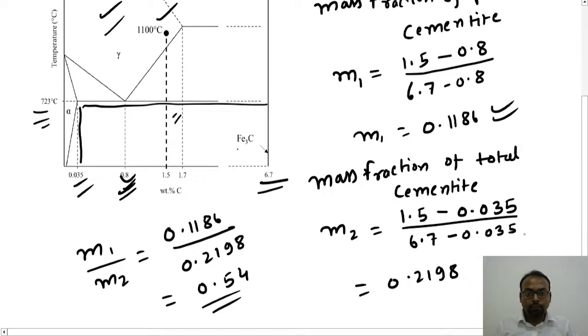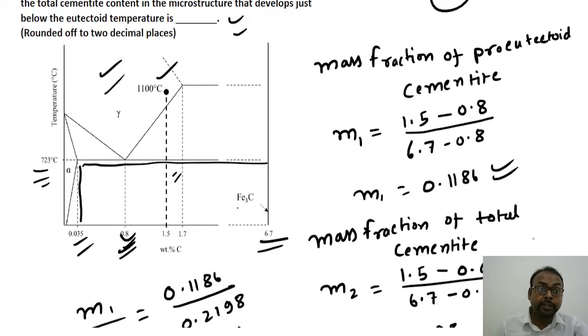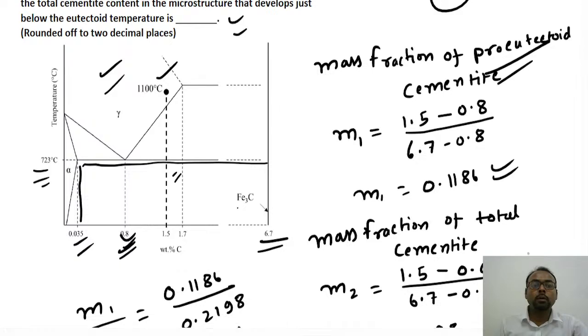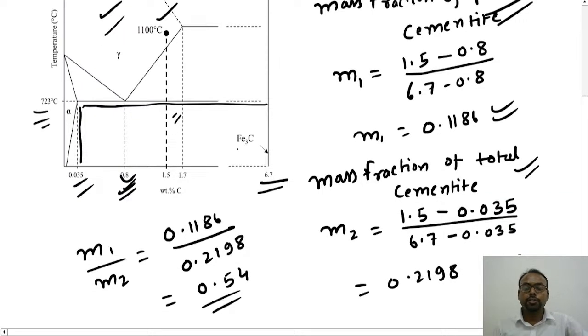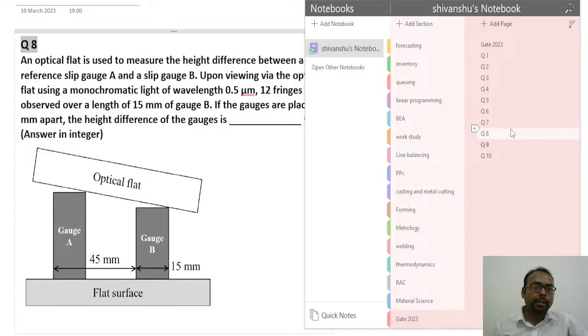So this is our final answer: the mass fraction of the cementite in the pro-eutectoid mixture divided by the total mass fraction of the cementite. That is what we have found, and their final ratio is 0.54. Now let's go to the eighth question.